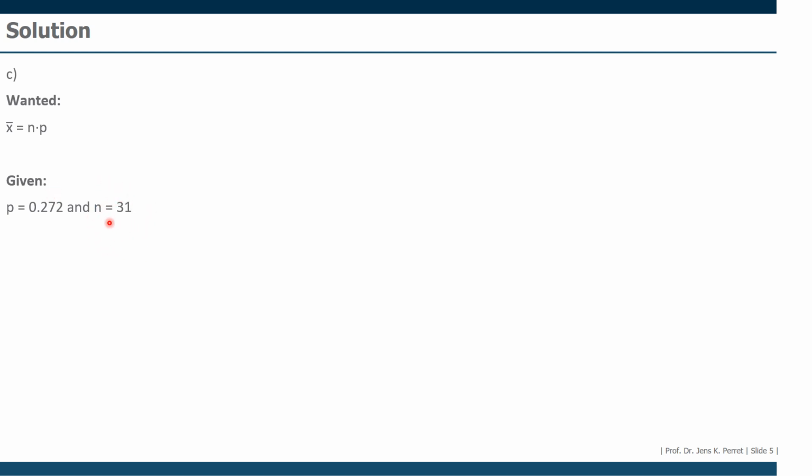So with the month May, we have 31 days. Well, we have to multiply them with the probability of being rainy, giving us as an end result 8.432, meaning something between 8 and 9 days will be rainy.